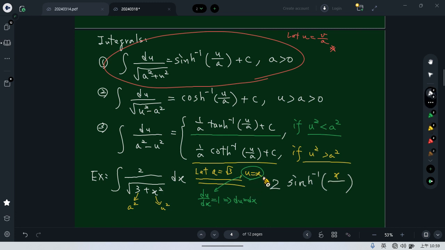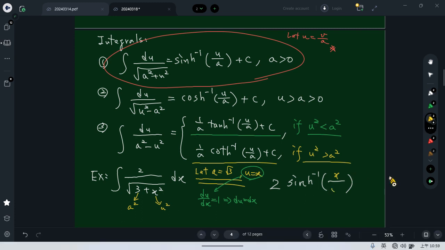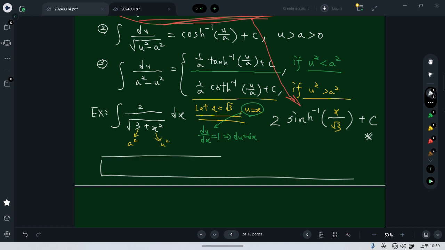Then over a, here is the square root of 3, plus c. That's the final result, right? So you just simply use the formula. You can get this one. Okay. So this part is for session 7.